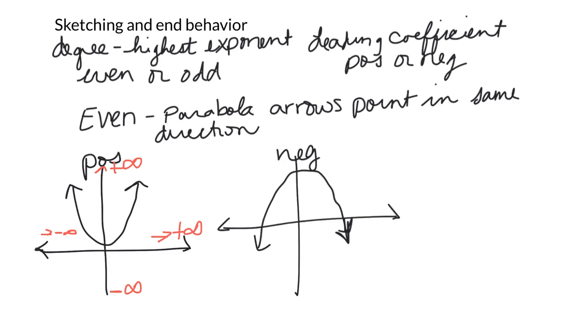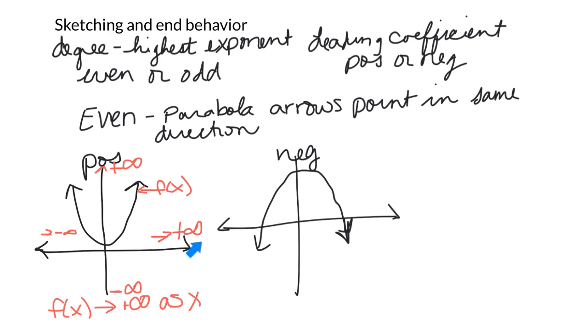So for this positive even graph, we say that f of x, this is our f of x, our equation, our parabola, our graph, whatever it is, f of x goes to, the arrow means goes to, positive infinity, as the x's, the x-axis here, goes to positive infinity.